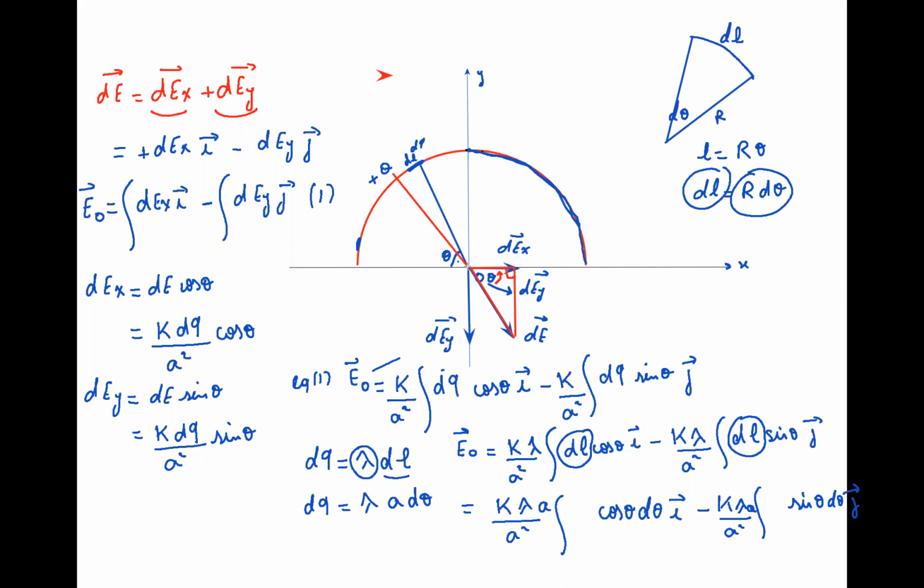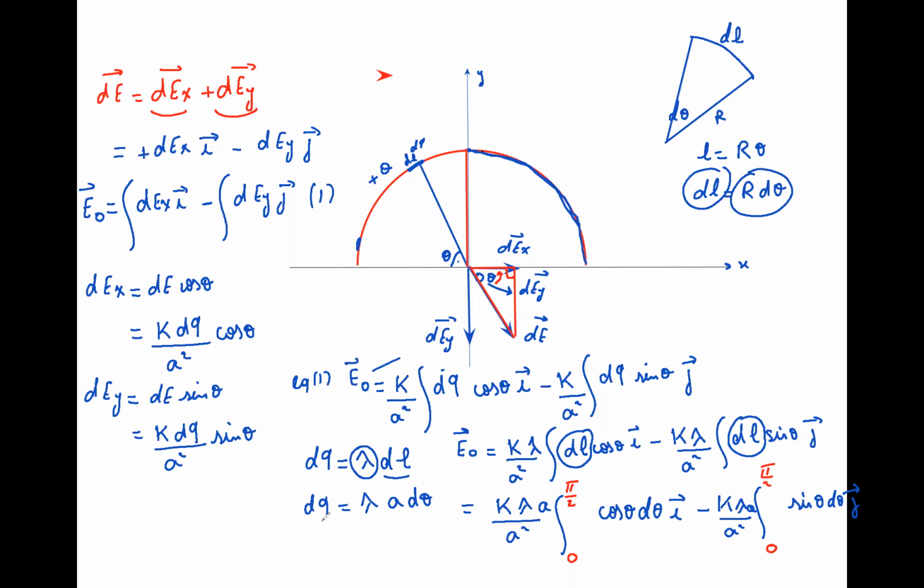Like this, the angle equals theta. To this point, the angle equals pi over 2. So if we move dq from one extremity to this extremity, theta will change from the angle equal to 0 at this point to the angle equal to pi over 2 at this point. So we put the limit between 0 and pi over 2. Also here, we have the same, between 0 and pi over 2.